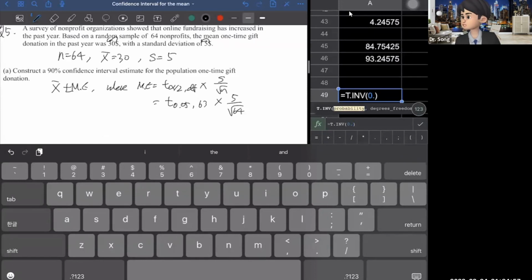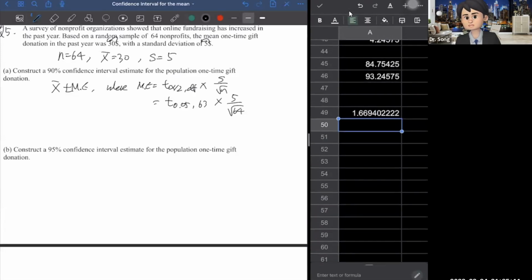So you either drop the sign or you can put 0.95. Let me put 0.95 and the degrees of freedom is 63. Based on the degrees of freedom, you will have a different number. So every time you solve this question using the t distribution, you need to calculate it. Up to 3 decimal places, it's 1.669. But in this case, let me just keep the full decimal places.